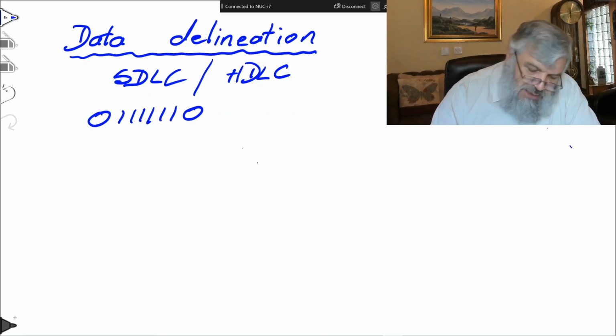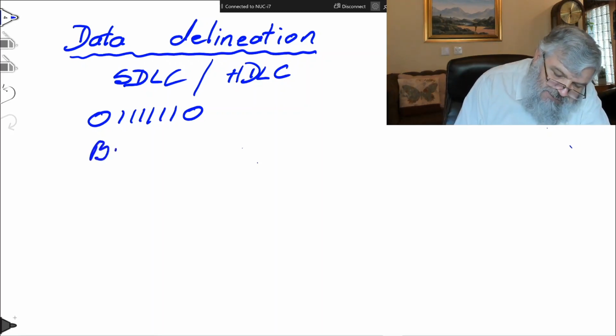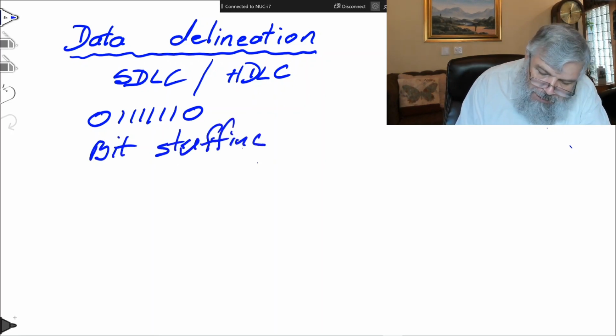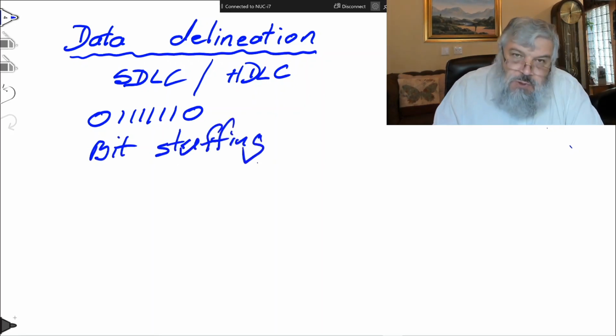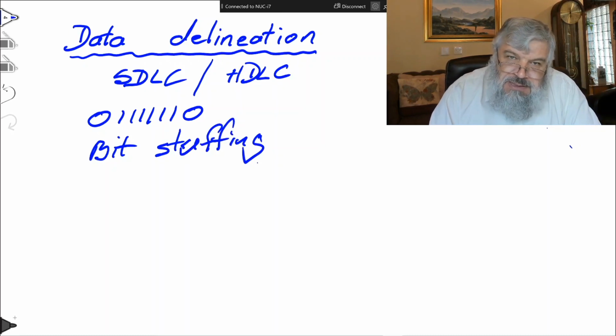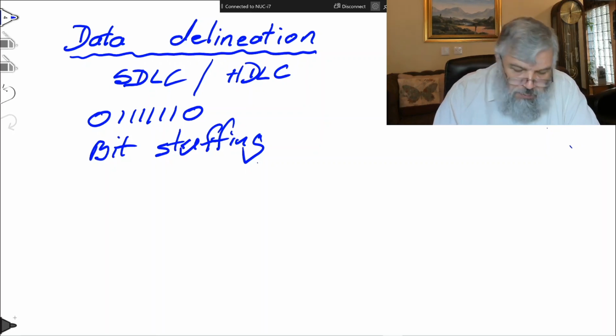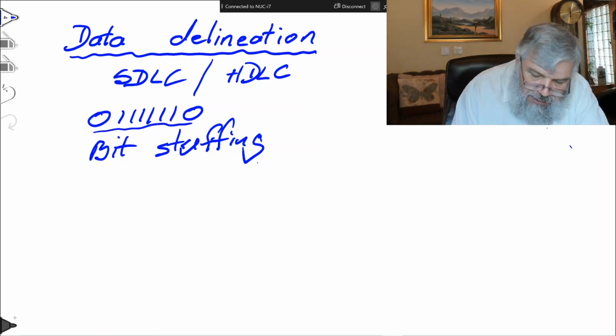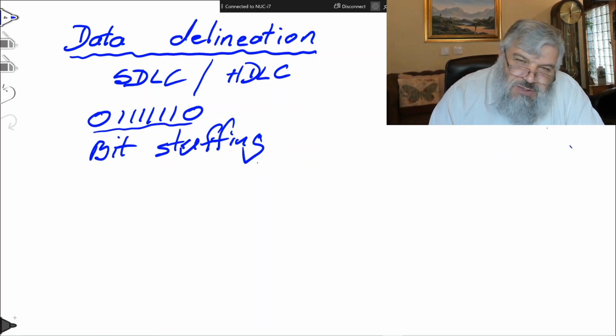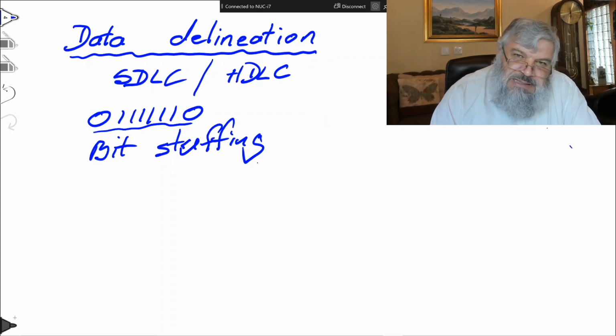The answer is something that is called bit stuffing. And it works as follows. The algorithm says, while you're transmitting the flag, transmit it just in its standard form, exactly like it looks there. But while you're transmitting data, if you ever find yourself in a position where you have transmitted a sequence of 5 ones, transmit a 0.